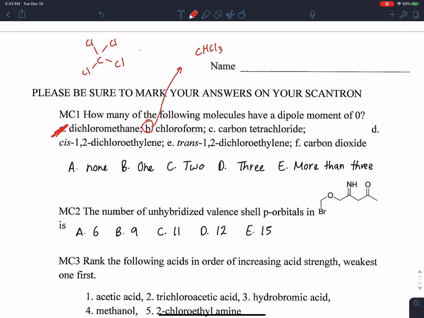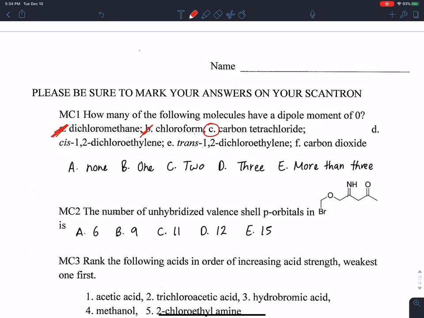Yeah, let me check. Yeah, so chloroform is CHCl3. If it's CHCl3, it would actually have a dipole going that way. So this one is actually not one of the answers. But carbon tetrachloride would not have a dipole. So that's your first one.